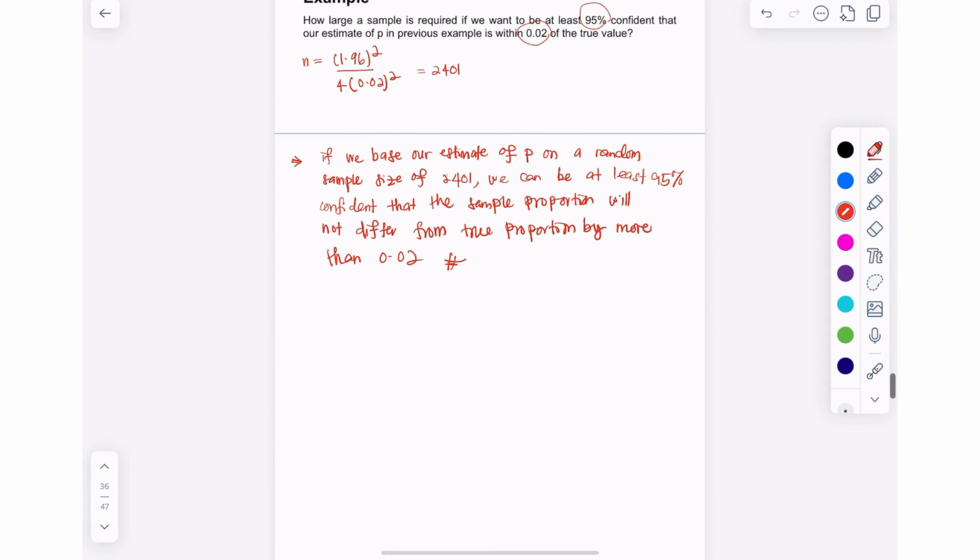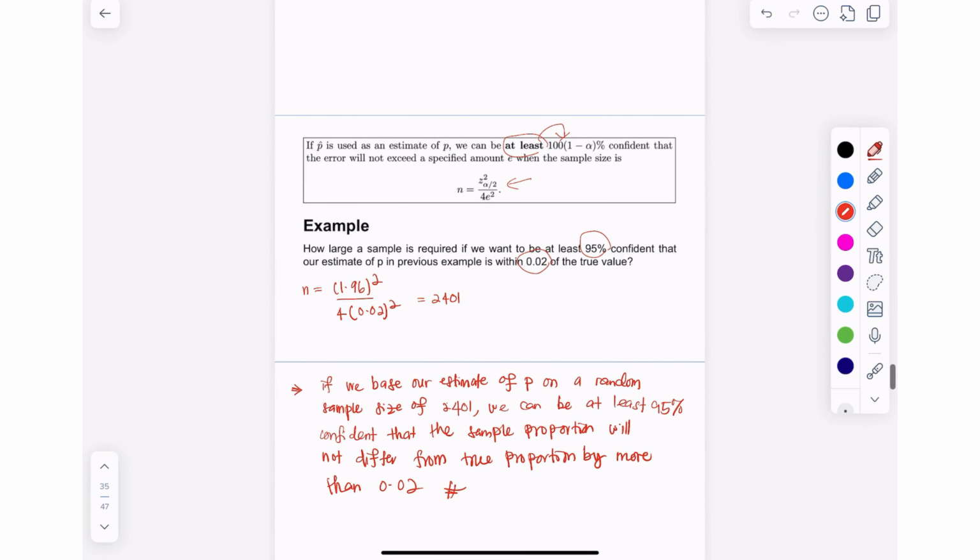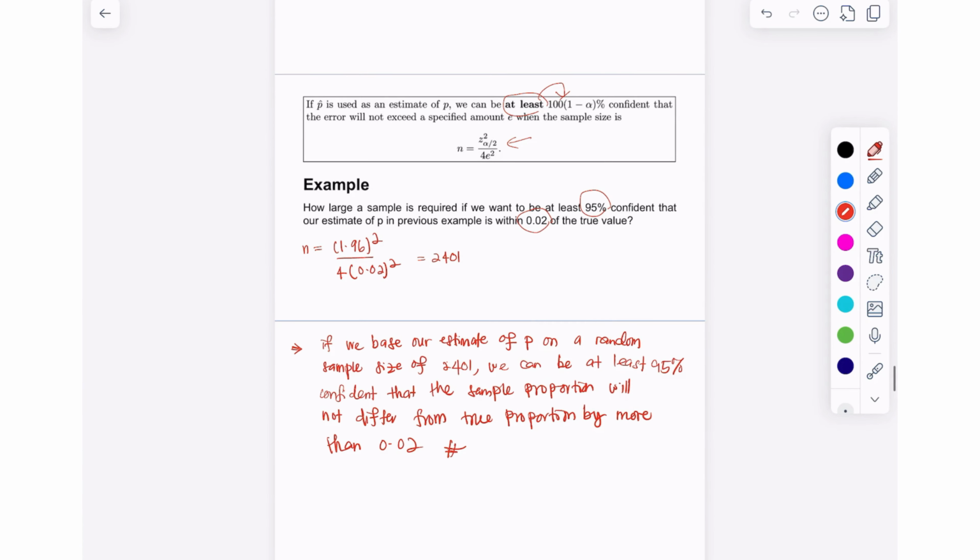Okay, so that is how we can conclude based on the calculated sample size.